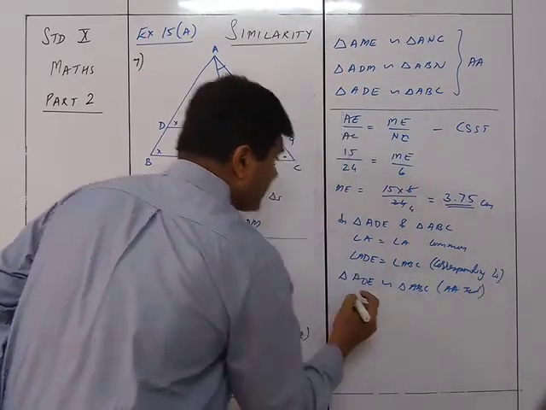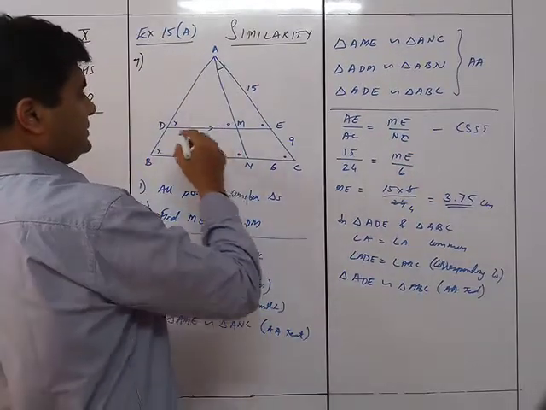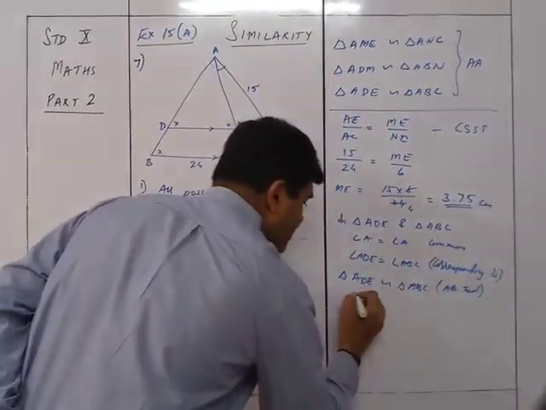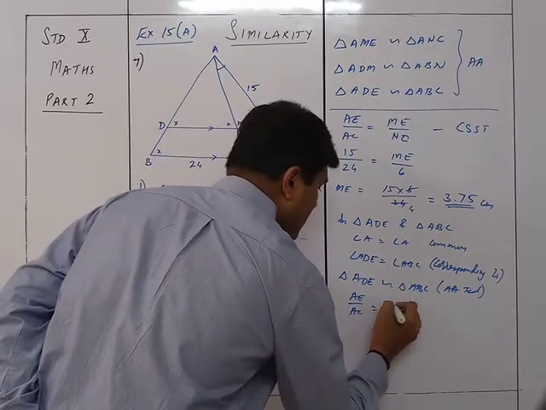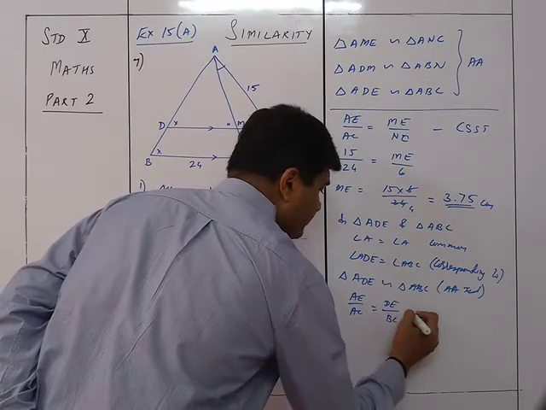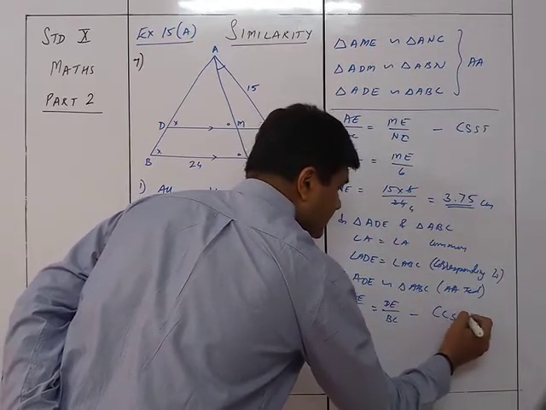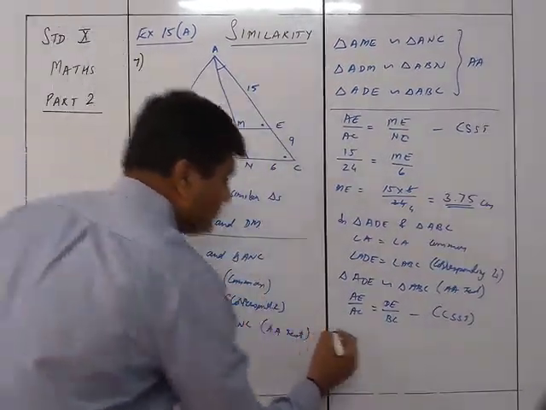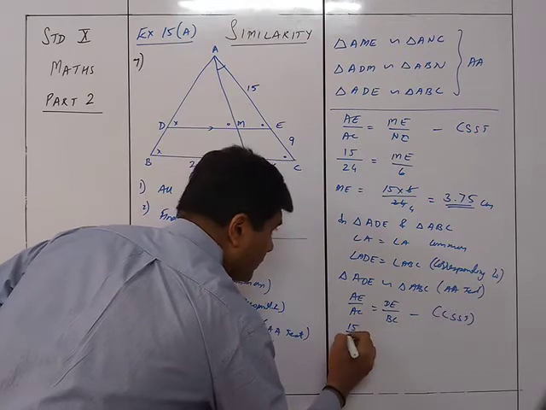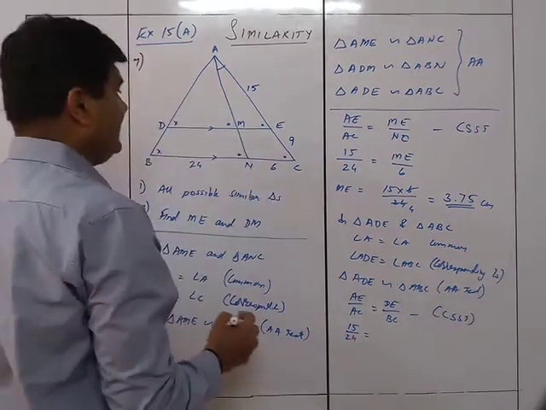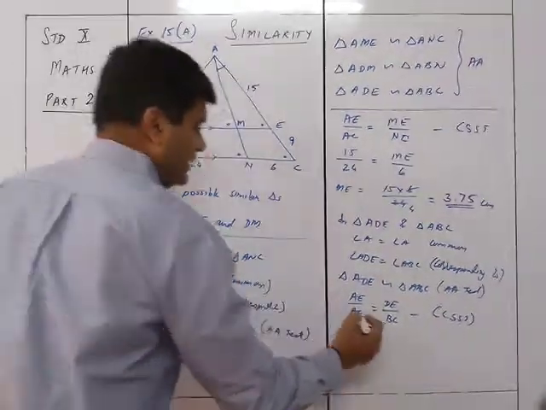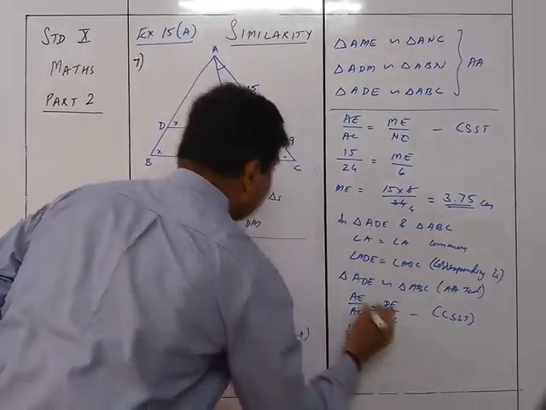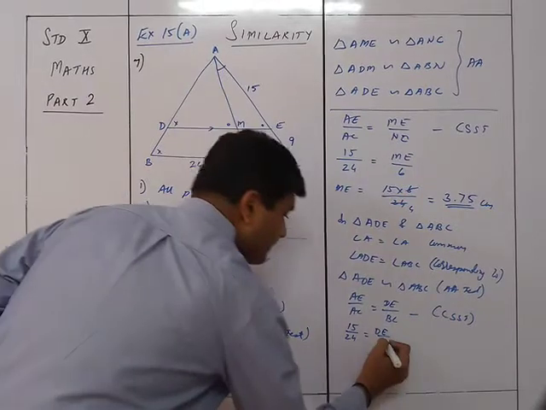Accordingly, we have AE upon AC is equal to DE upon BC by CSST. AE is 15 upon 24 is equal to DE. We don't know DE, but we know DE upon BC, which is 30.